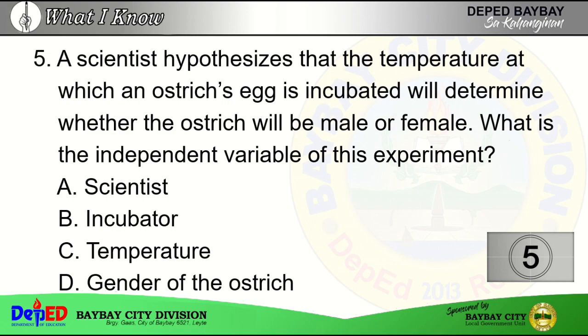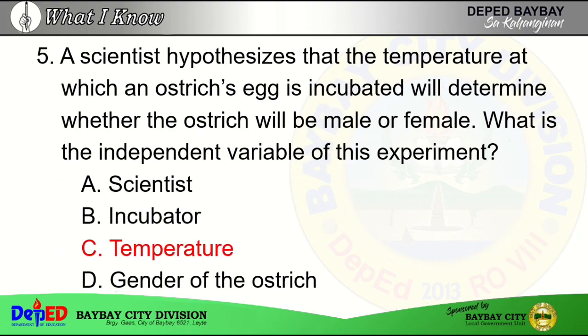B. Incubator. C. Temperature. D. Gender of the ostrich. The answer is C. Good job, students! This time, turn your module to the next page.